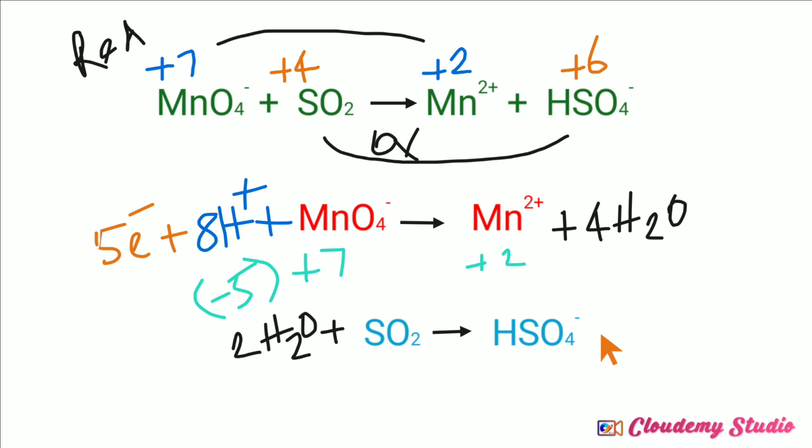Those 3 hydrogen atoms we write as 3 hydrogen ions on the right hand side of this equation.